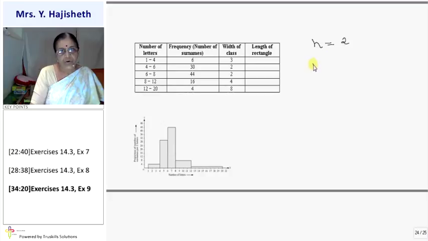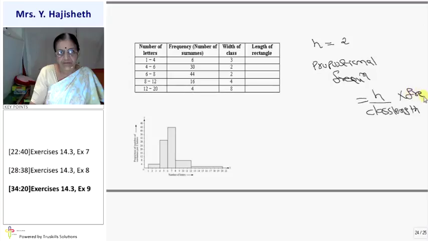Okay. So how to find out proportional frequency or length of rectangle? Proportional frequency is same as length of rectangle. It is minimum class length upon class length multiplied by frequency. So now find out by using this formula.